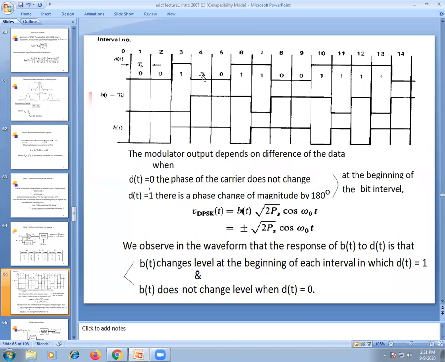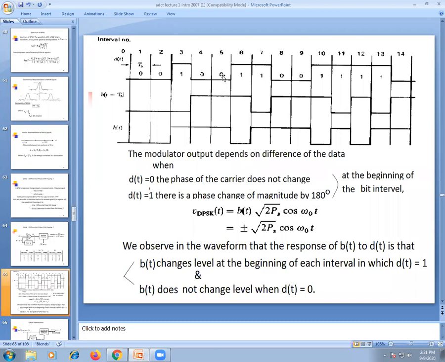Okay. Suppose 0 is there in the fourth interval, the phase doesn't change. If again in the fifth interval 0 is there, the phase doesn't change. In the third one, high continues the same because d(t) is equal to 0.